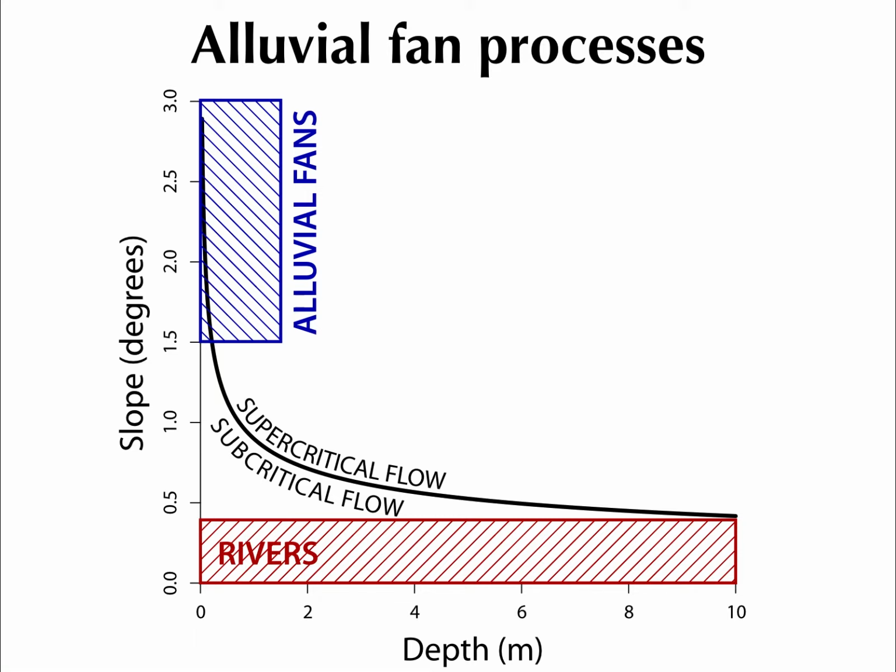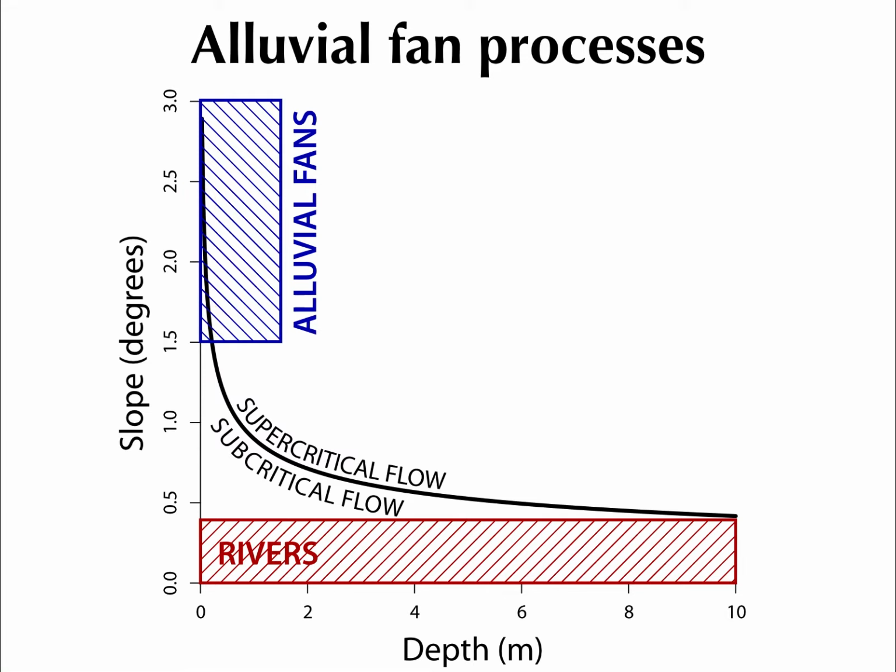So this plot is showing you, for slope of a surface on the y-axis versus depth on the x-axis, where the boundary lies between supercritical and, or sorry, supercritical and subcritical flow.